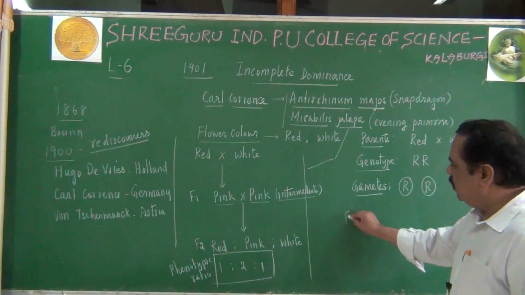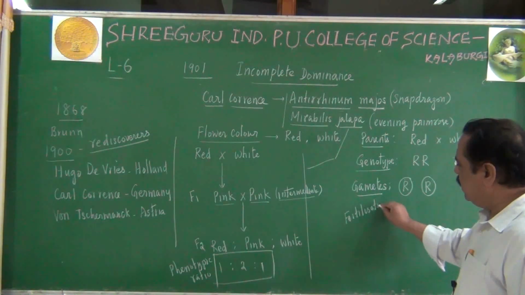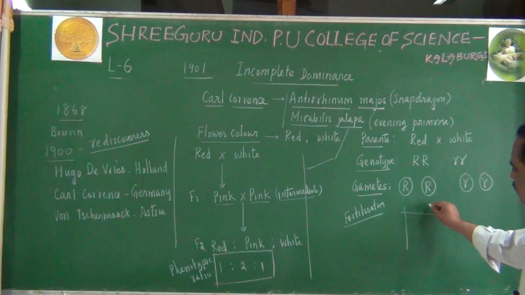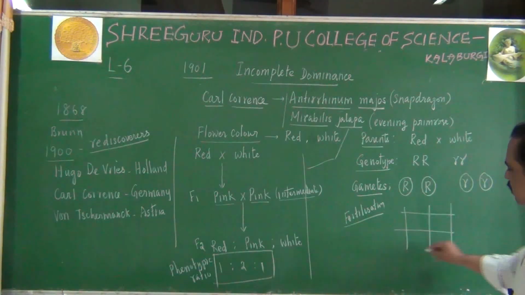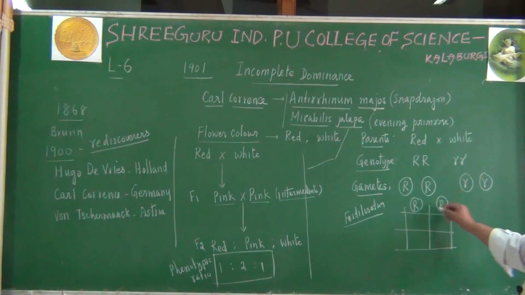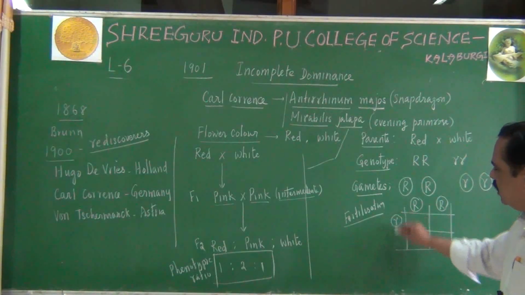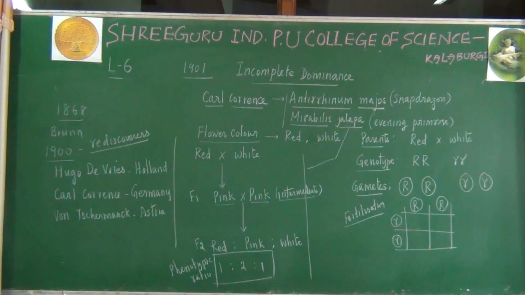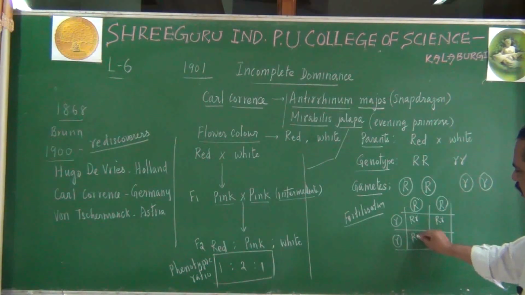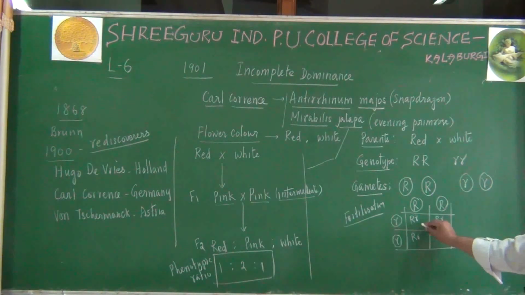The next step is fertilization. For understanding fertilization, we follow the Punnett square. Remember, it is the graphical representation of possible genotypes and offspring produced in a hybridization cross. Let us take male gametes in the top row and female gametes in the first column, the left column. The individuals produced are capital R small r, capital R small r, capital R small r. All the individuals were found to be pink only.